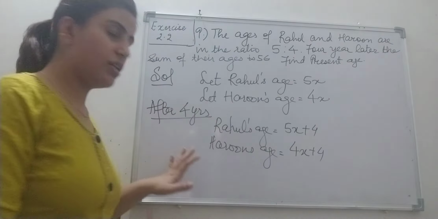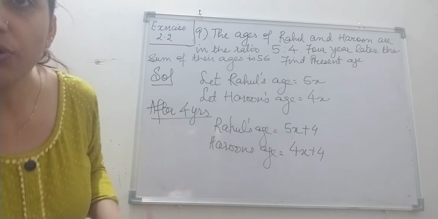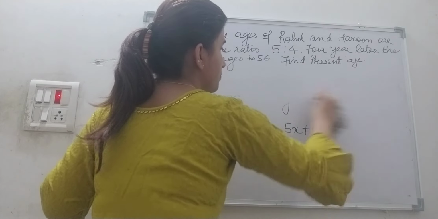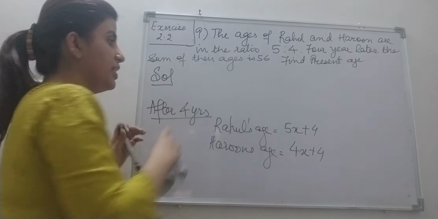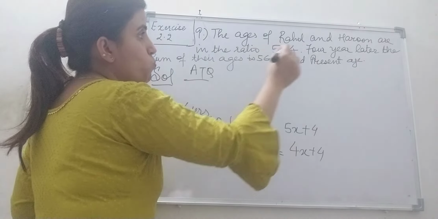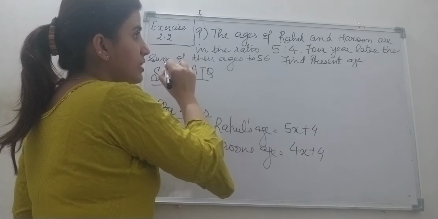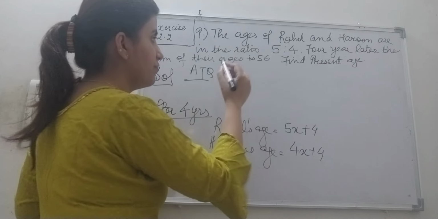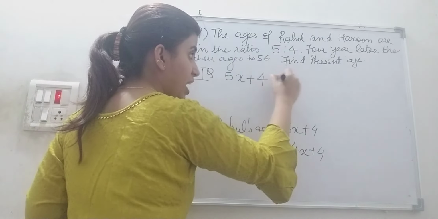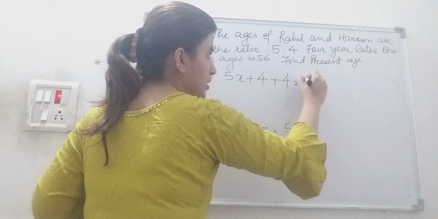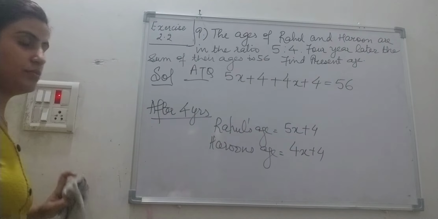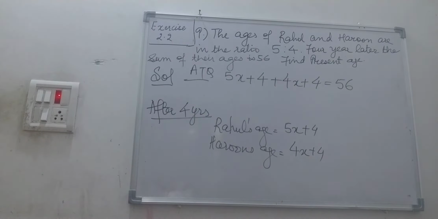I think this is clear to you all. Now I am raising the board for the further solution of the question. Now let us form an equation. According to the question, they say 4 years later the ages sum up to 56. So if I add both the ages after 4 years, it will be equal to 56. Now let us solve it.